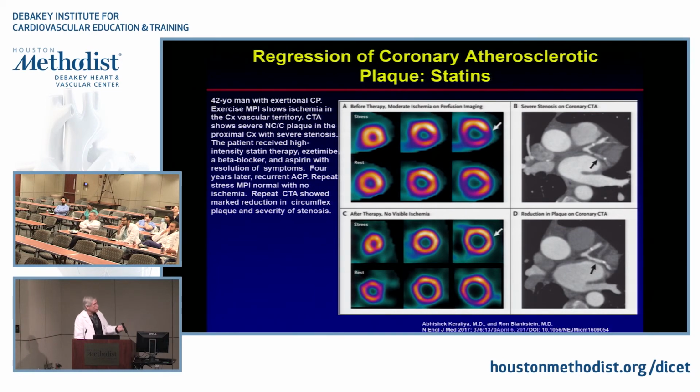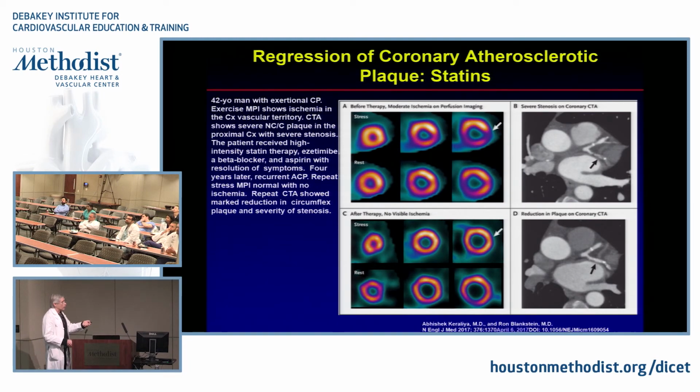This is a very interesting image that was sent to the New England Journal by Ron Blankstein, who's coming actually this week to visit with us, of a 42-year-old man who had exertional chest pain. His scan showed ischemia here in the lateral wall, consistent with circumflex. He had a lot of circumflex disease here, as you can see on initial CT.